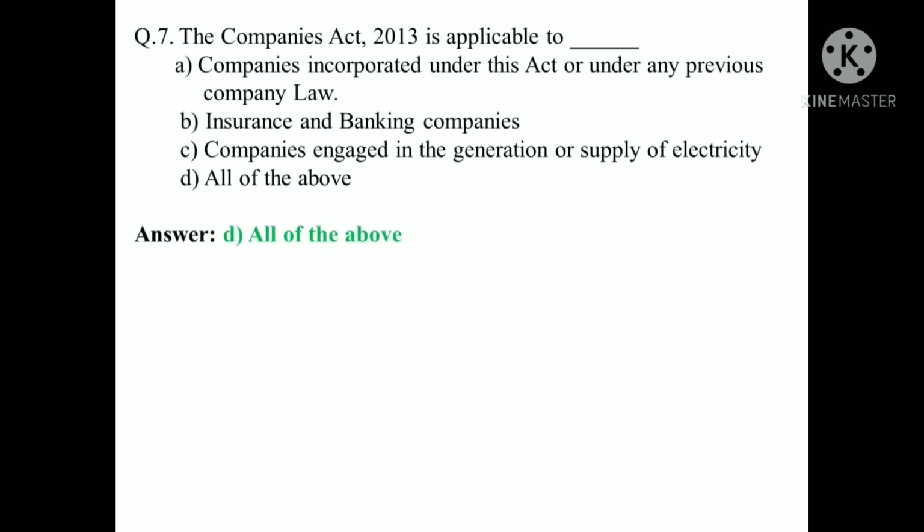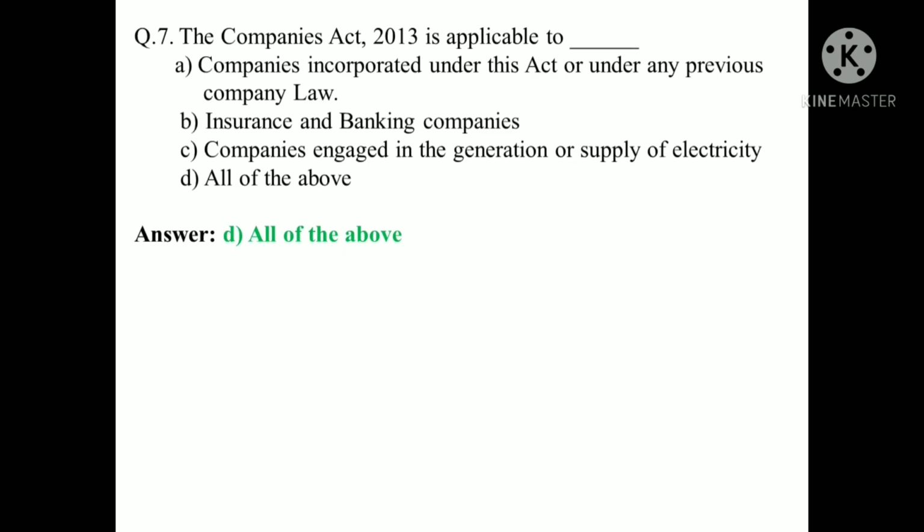All of the above. This Companies Act 2013 is applicable to all those companies which are incorporated under this act, means 2013 Act, as well as under any previous company law. Here, which are those previous company laws? 1956 Act, 1913 Act, Companies Act 1866.